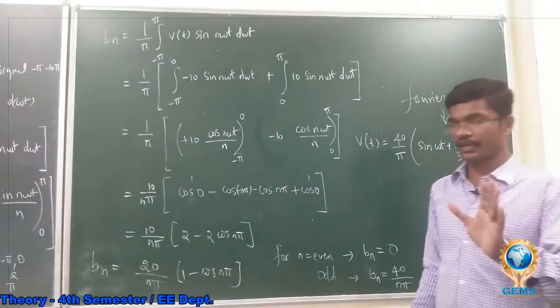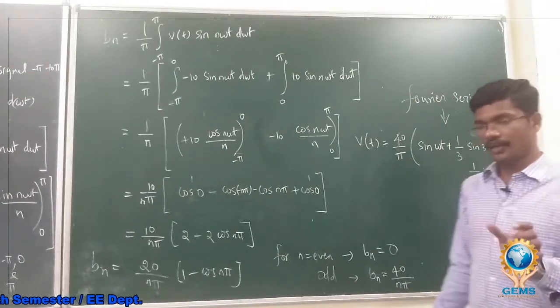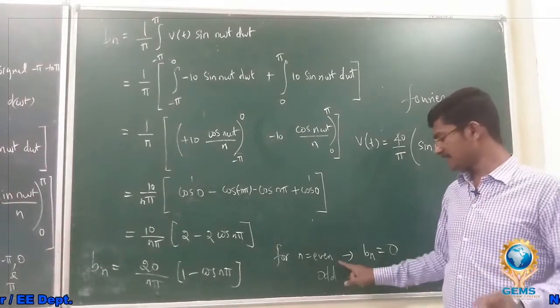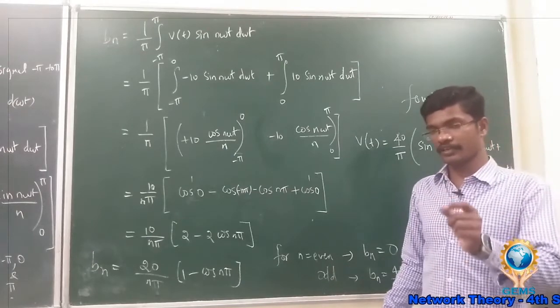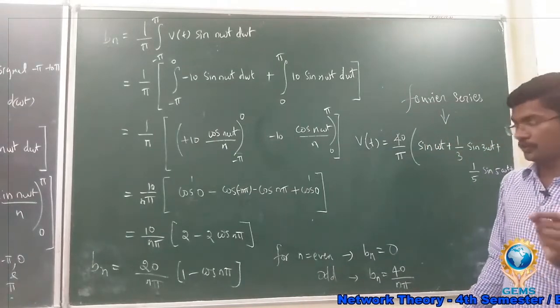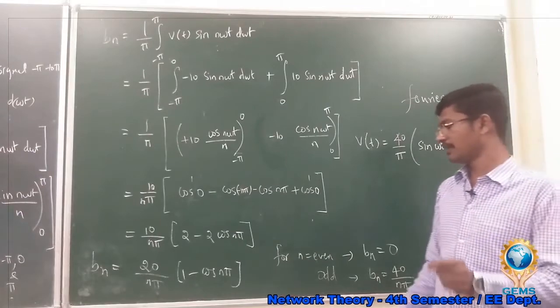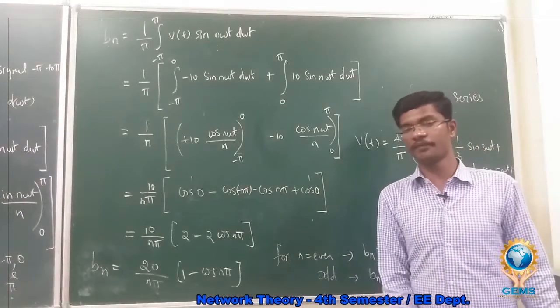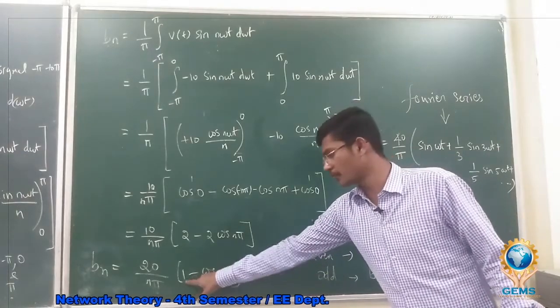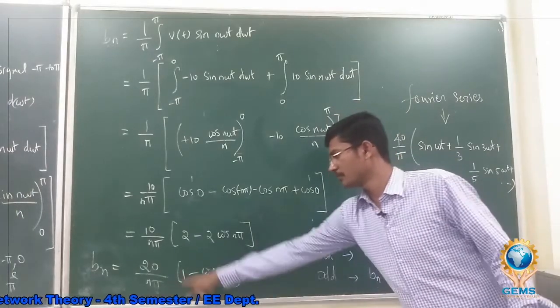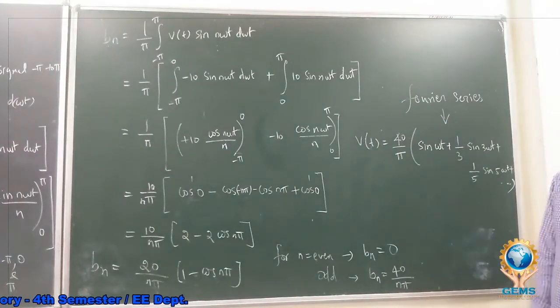So you should understand clearly: cos n pi for an even number, cos 2 pi, cos 4 pi, that value is 1. Cos n pi for an odd number, cos 1 pi, 3 pi, like that, that value will be minus 1. So minus 1 will come, minus into minus plus, so 1 plus 1 is 2 will come, so we will get 40 divided by n pi.